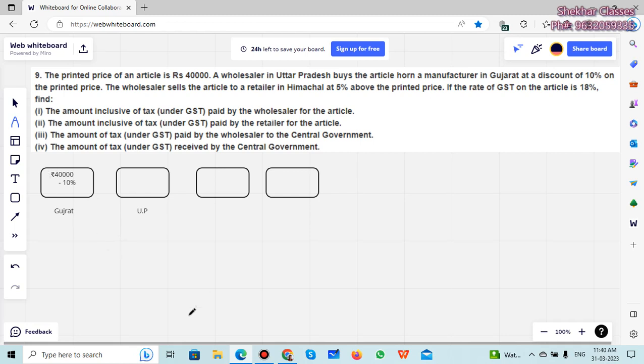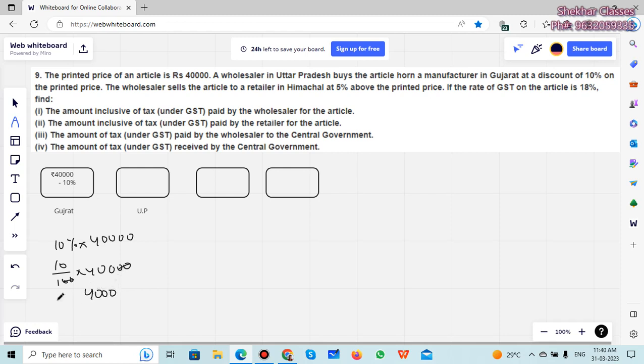To calculate that, we need the discount percent, which is 10%. So 10% of 40,000 has to be calculated. What is 10% of 40,000? If you cancel it, it becomes 4,000.